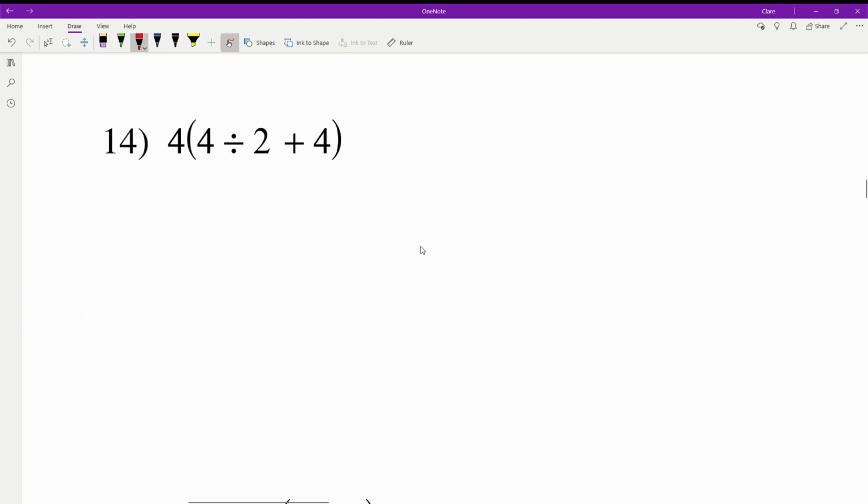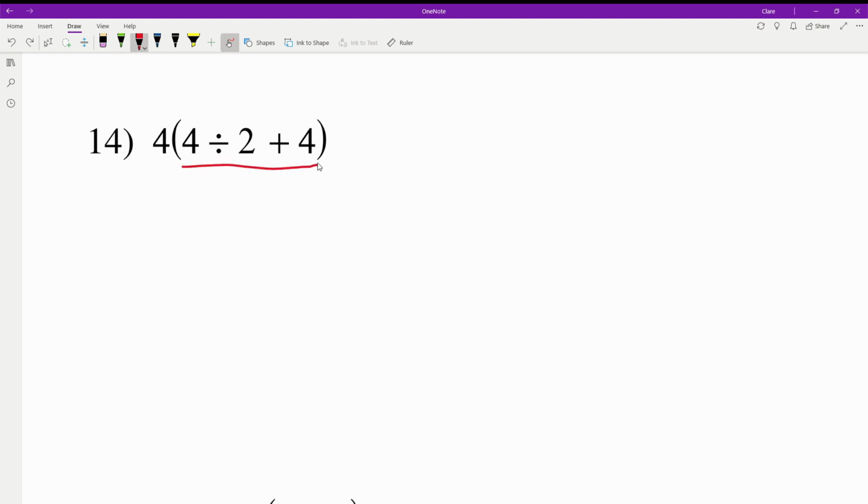In number 14, I have many different operations. I have division, I have addition, and this 4 is technically multiplied to everything in those parentheses. But parentheses comes first. So within the parentheses, I'm deciding between division or addition. Division comes first. So I'll have my 4 out here, leaving that, and I'll multiply that by 4 divided by 2 is 2, and I need to add 4 still within my parentheses.